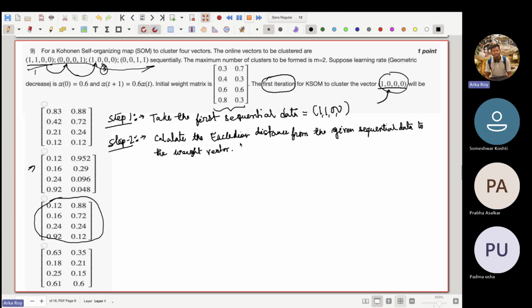Over here, you have been given a weight matrix, but I'm talking about the weight vector. So we have to be specifically clear about what the weight vector basically suggests.